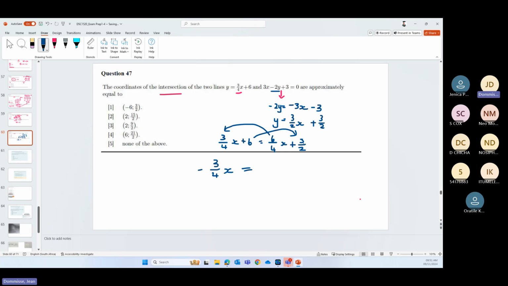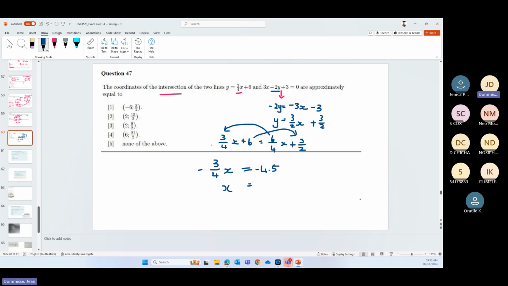Okay, so what is that? 1.5. And see, that's why I don't like fractions. 1.5 minus 6 is 4.5. Okay, and it's negative, sorry.